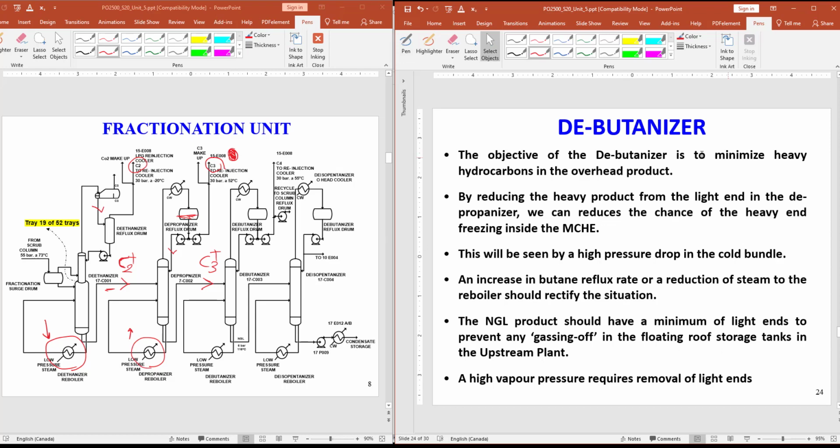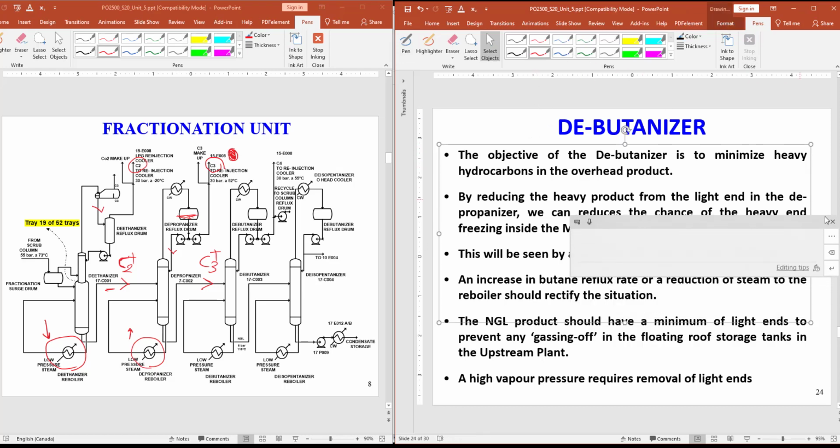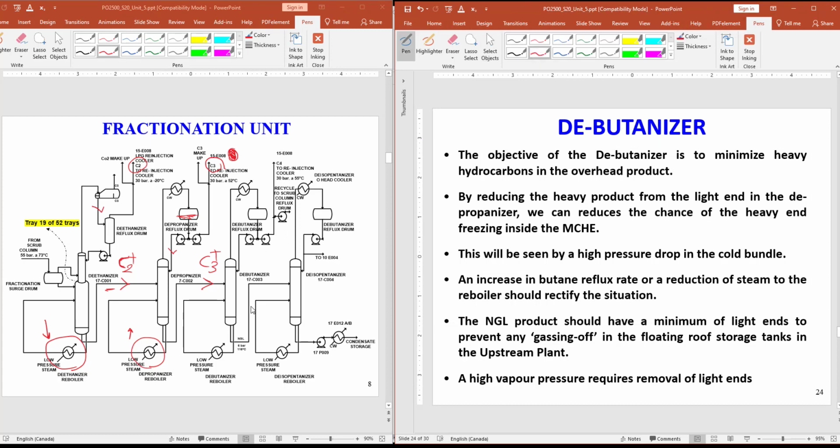Another unit is the debutanizer. Let me clean this part here. From the De-propanizer, I have propane at the top and heavier molecules, heavier than propane, at the bottom. I send those heavier-than-propane molecules to the debutanizer.